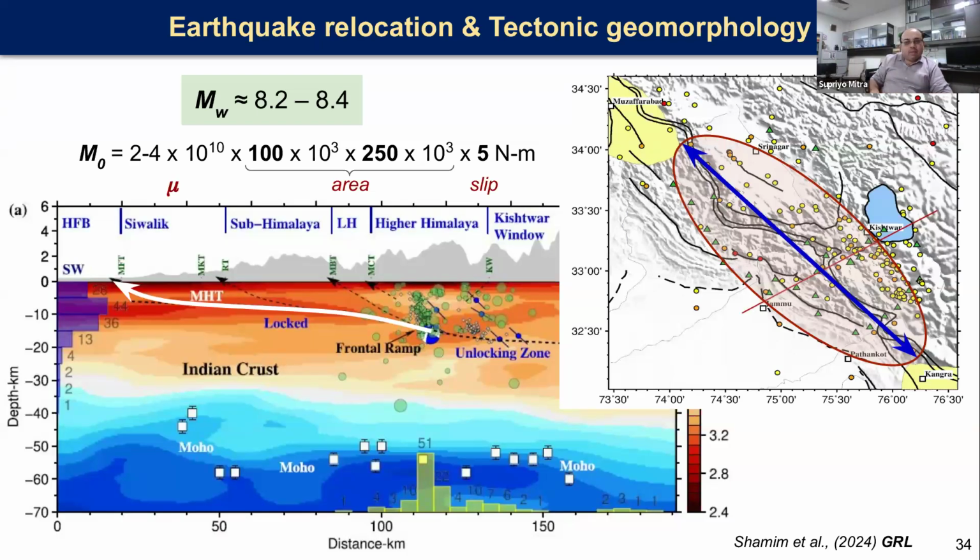So if all of these are true, then this is what you are looking at in terms of magnitude. I've used 2 to 4 times 10 to the power 10 as your mu, because that can be variable. But yeah, so 8.5 is the maximum that you're looking at.